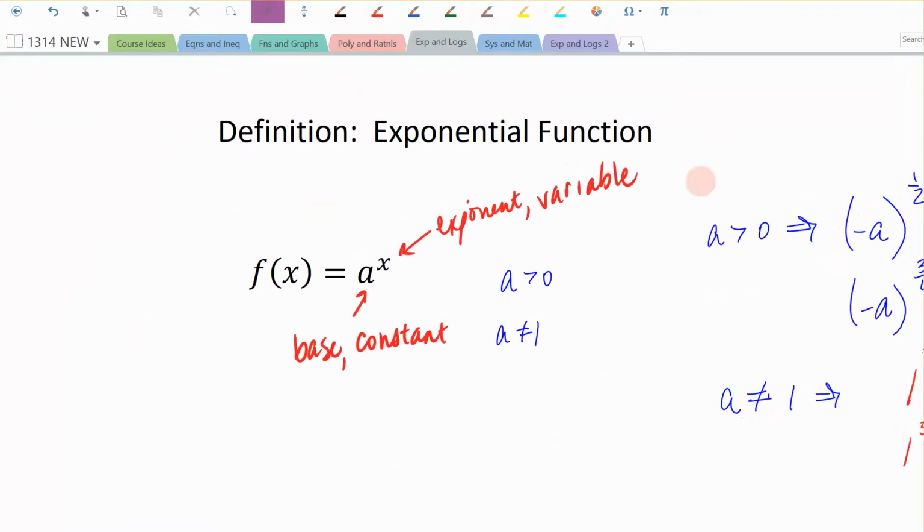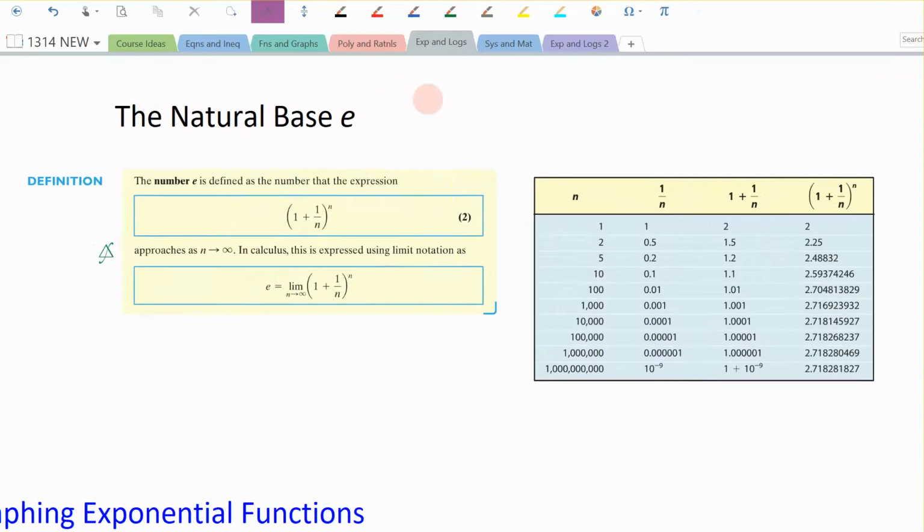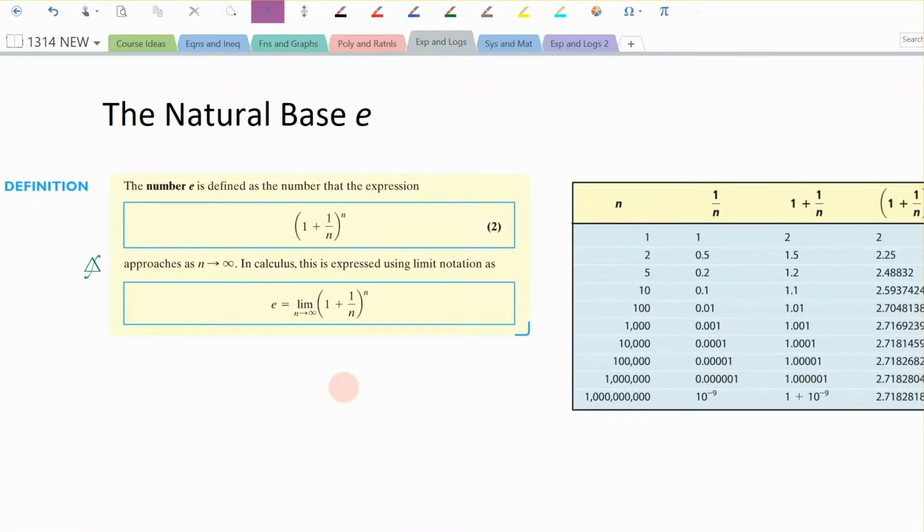Now the next thing I want to talk about, because we're going to be using the natural base e in this chapter, is where the number e comes from. We're going to use it as a base. E is a number that exists on your calculator. Just like pi is approximately 3.14159 and so on, the number e has a decimal representation somewhere around 2.7182 and so on.